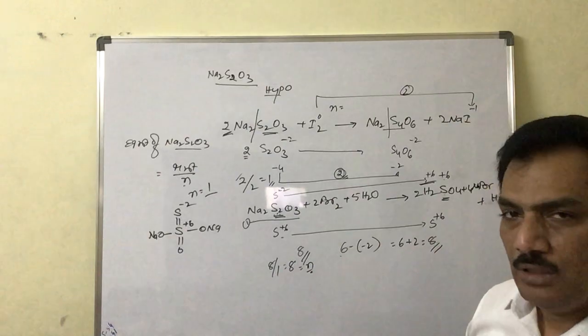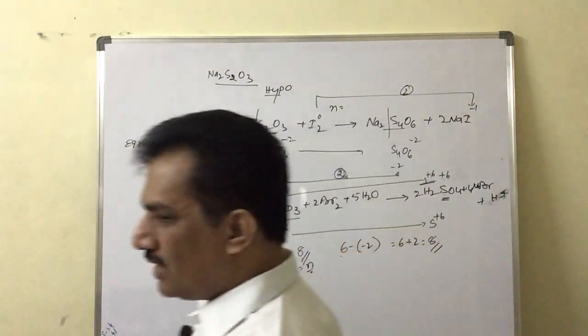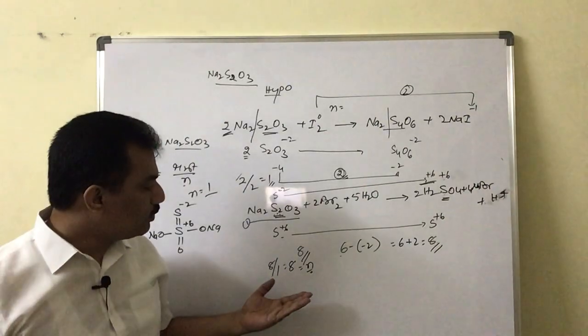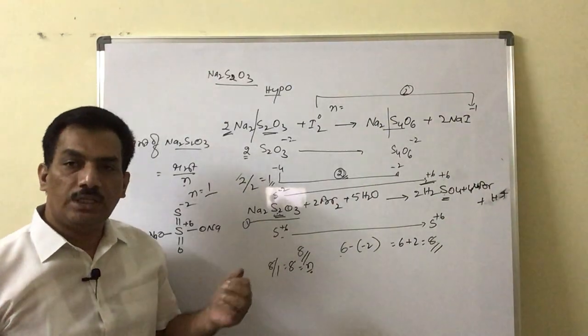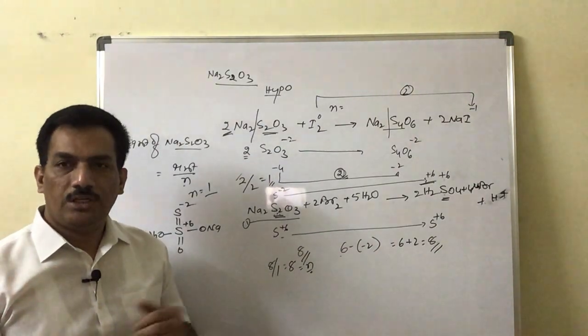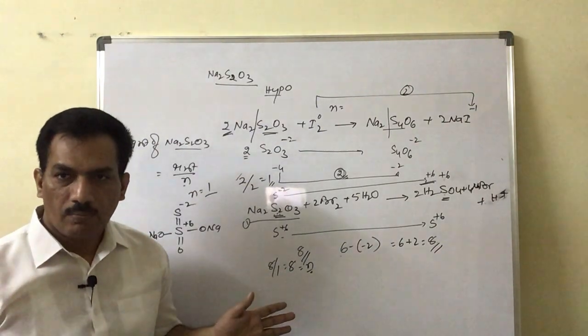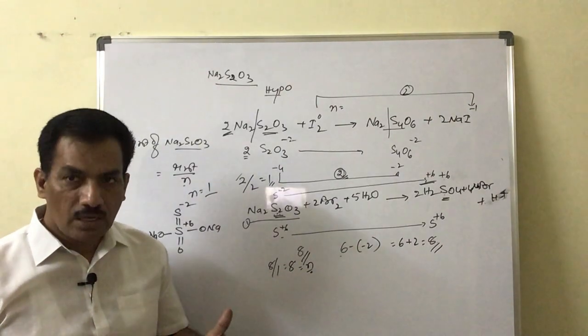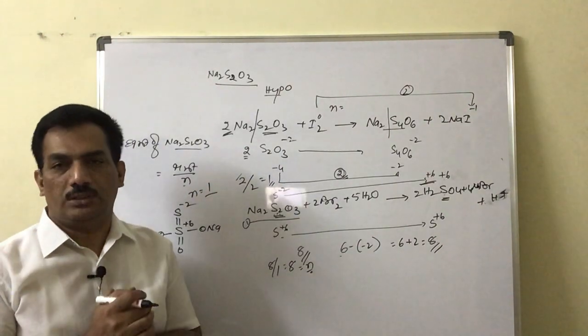Now you can observe that when the same compound reacts with different reagents, the change in oxidation state is different. That means the change in oxidation state for any reactant is not always the same. So that's why in a given reaction, what is actually happening should be considered.